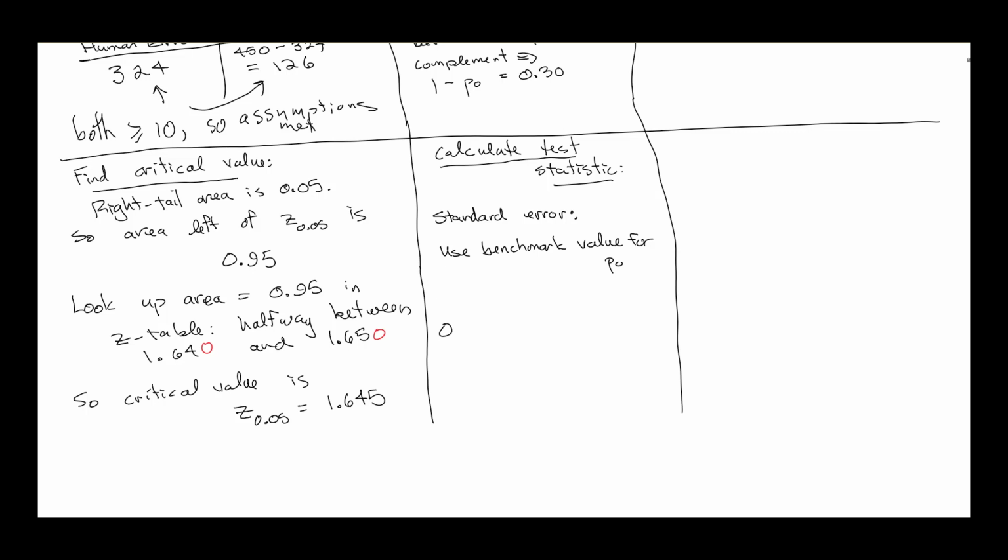So sigma of all the p hats, that's our standard error, is going to be, now this is going to be an approximation because we don't know the population proportion. So here's our formula. P0 times 1 minus P0 divided by n, take the square root of the whole thing.